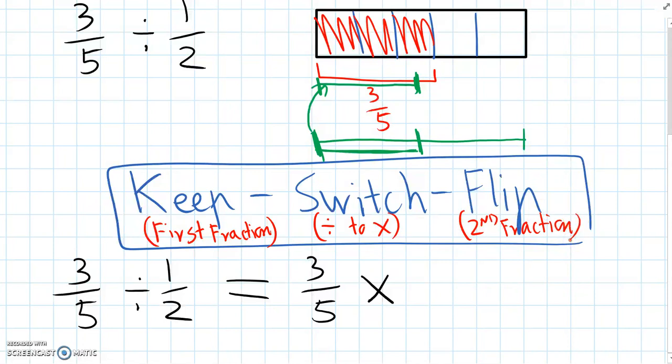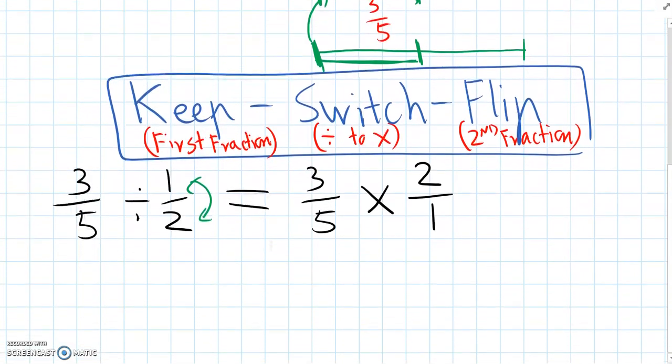And flip means we're writing the inverse fraction, or flipping it upside down. So the denominator was 2, that becomes the numerator, and the numerator was 1, that becomes the denominator. So we've flipped it upside down.